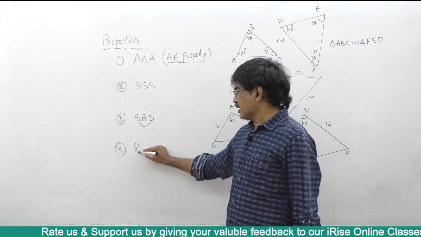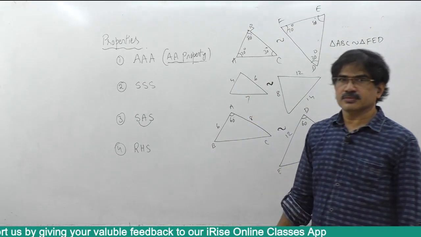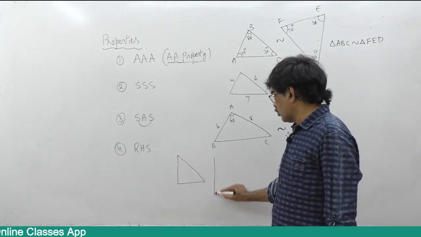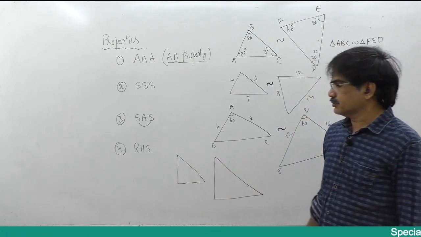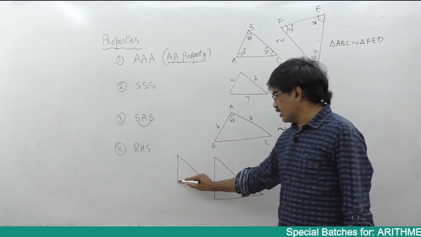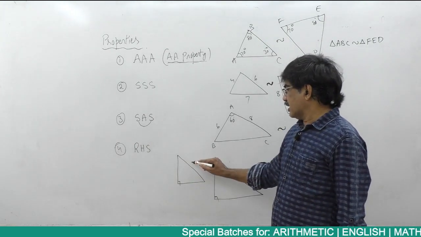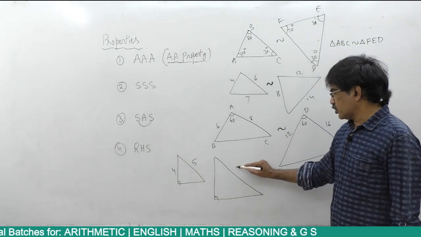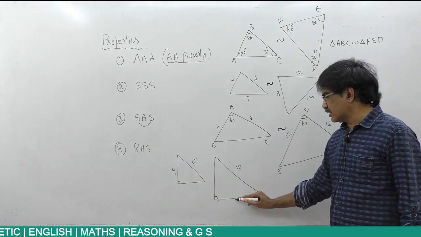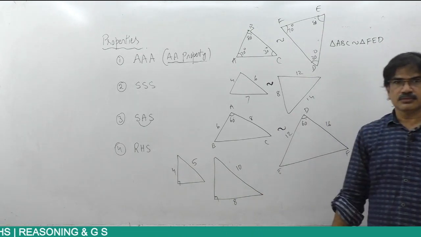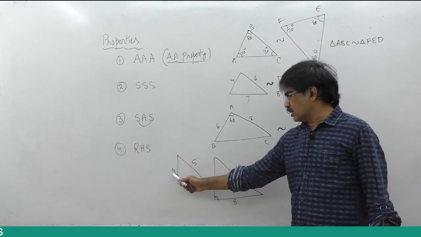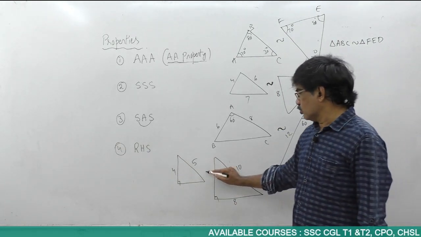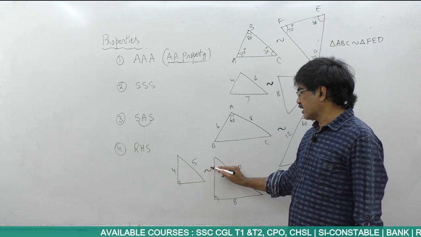The fourth one is the RHS property. In two right angle triangles, this is a right angle triangle, this is one more right angle triangle. In these two right angle triangles, if the hypotenuse and one side of one triangle are proportional to the hypotenuse and one side of the other triangle, the hypotenuse ratio and one of the sides ratio being the same, we say that these two right angle triangles are similar triangles.